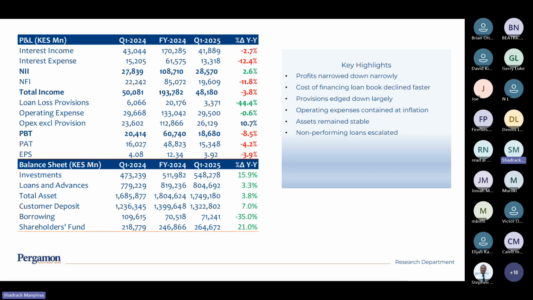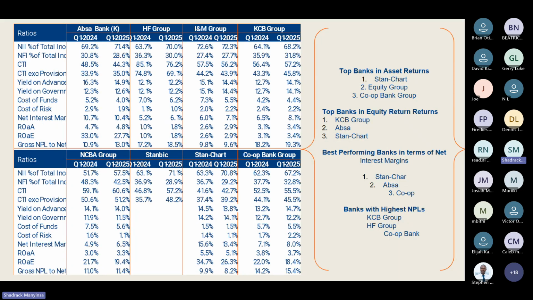Actually, KCB has the largest NPL of around 19.3%. 19.3% for KCB. So that one will impact their provisions and of course their net income. And then that is followed closely by HFCK, that is Housing Finance Group.